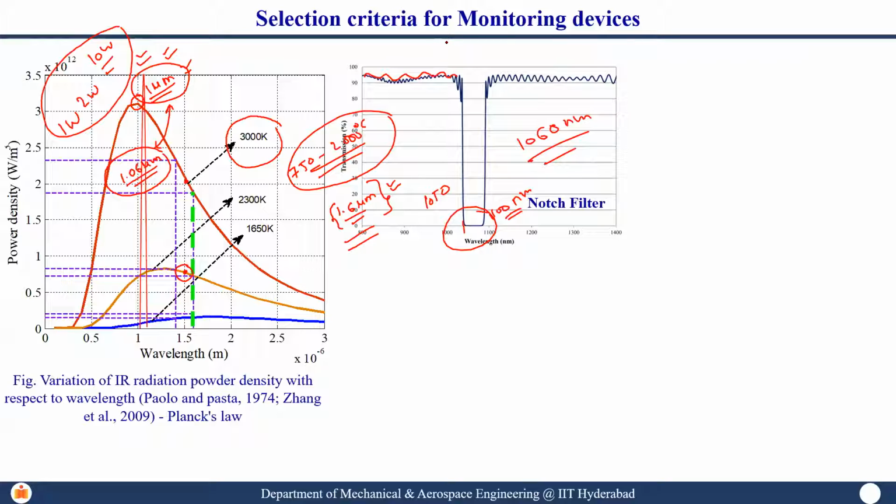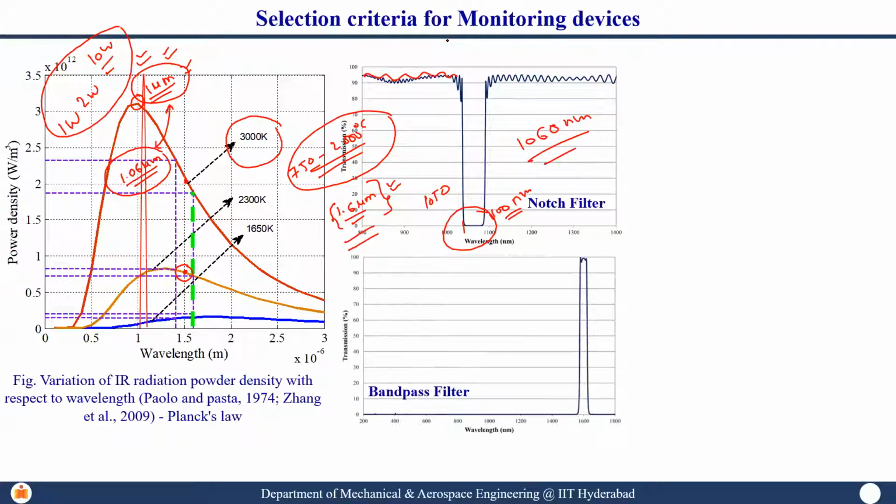Otherwise, you will end up measuring the laser radiation rather than the thermal radiation. Parallelly, you also have band pass filters that you can use, which will allow only 1600 nanometer. So you need to choose between notch filter and band pass filters.